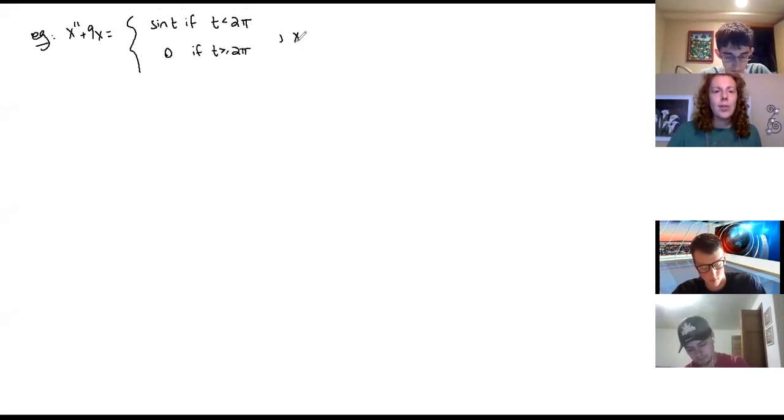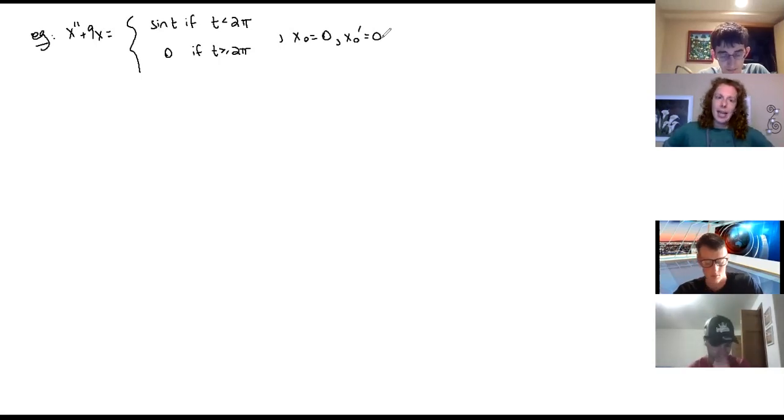And again, we're going to go with initial conditions of 0. So x naught is 0 and x naught prime is 0. Make life a little bit easier for you here. x double prime plus 9x equals this right-hand side piecewise function, sine of t if t is less than 2 pi, and 0 if t is greater than or equal to 2 pi.